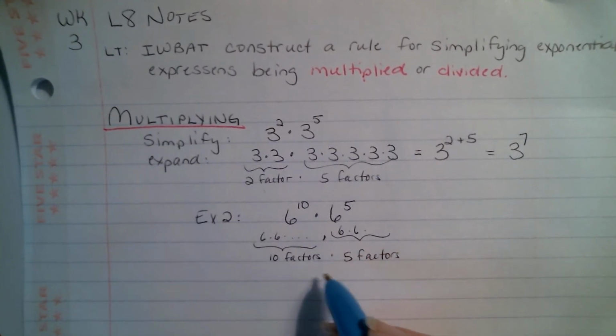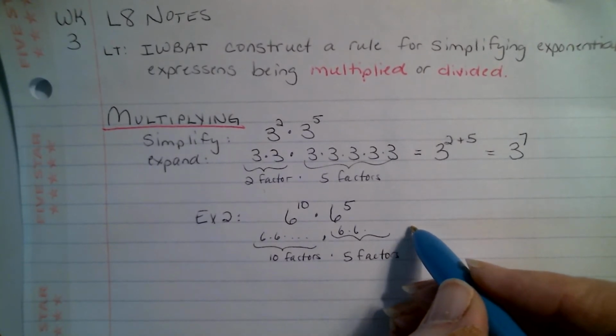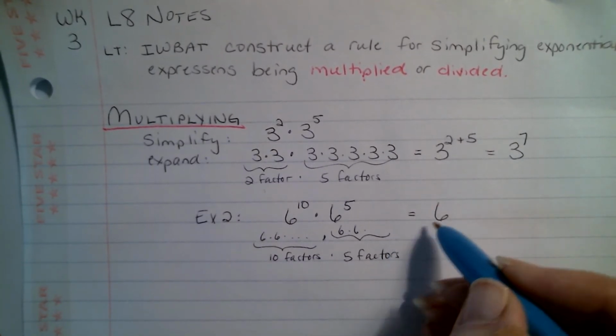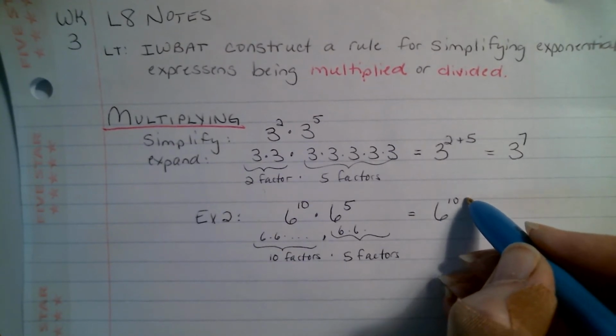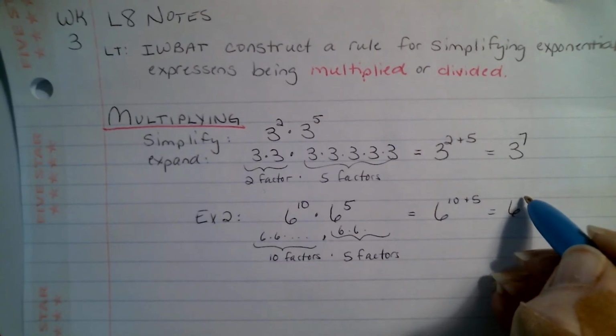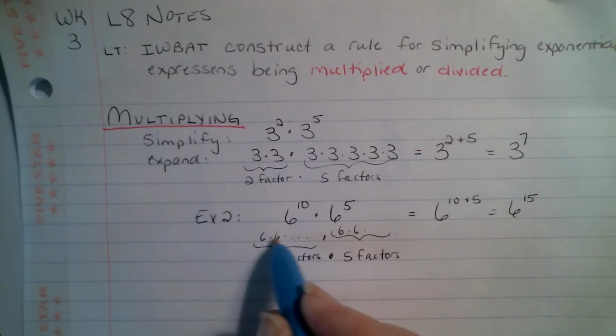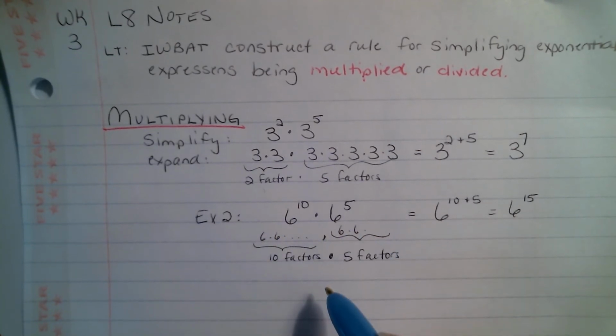Well, 10 factors and 5 more factors of 6. We're going to have 10 factors and 5 factors of 6, or a total of 15 factors of 6. We're multiplying here in between, repeated multiplication here and here.